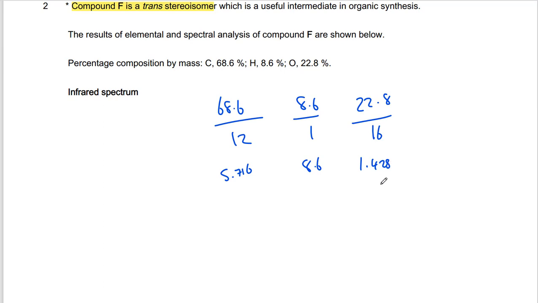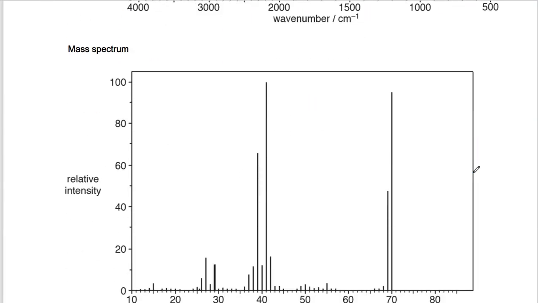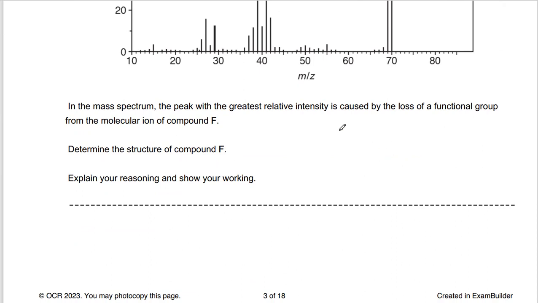Divide everything by 1.425 and we get 1. 8.6 over that is 6. And 5.716 over 1.428 gives us 4. So again, I'm going to rush through this a bit more because we've already done this once. So C4H6O is my empirical formula, so I'll just put it down here now.